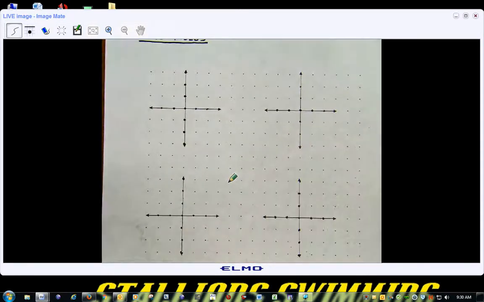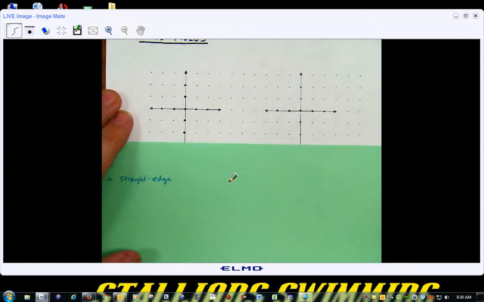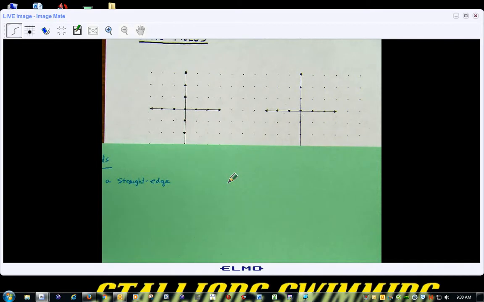Let's take a look at, for example, generating a slope field for a simple differential equation.